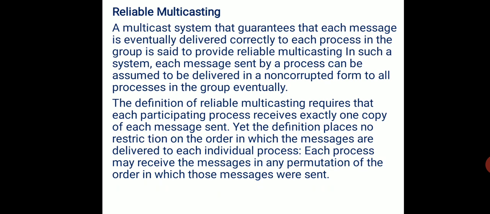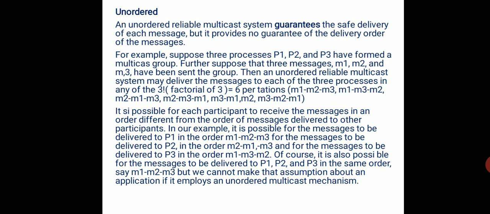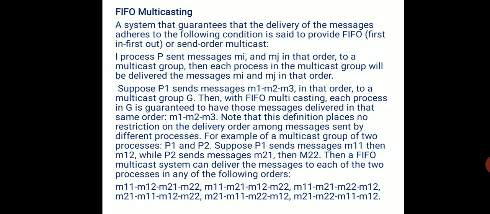Under reliable multicasting, the first type is unordered, and the next one is FIFO multicasting. A system that guarantees that the delivery of messages adheres to the following condition is said to provide FIFO, that is first in first out, or send order multicast.